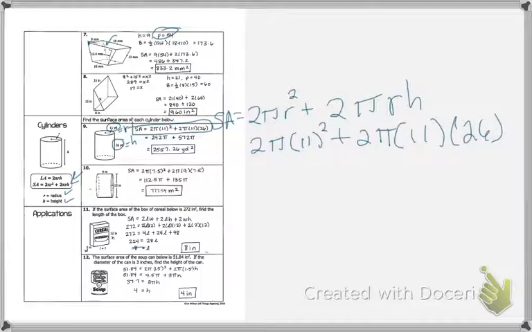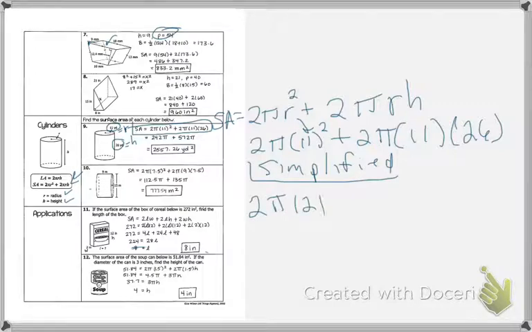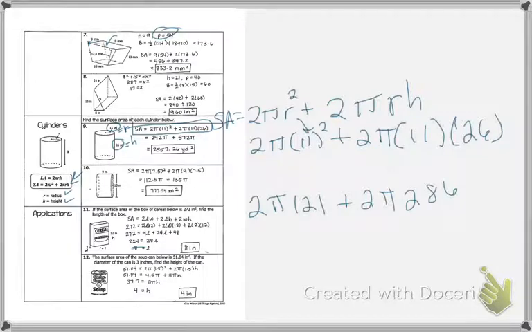So what they did was they simplified this. So 11 squared is 121, and then this becomes, I need a calculator, this becomes 2 pi times 286.